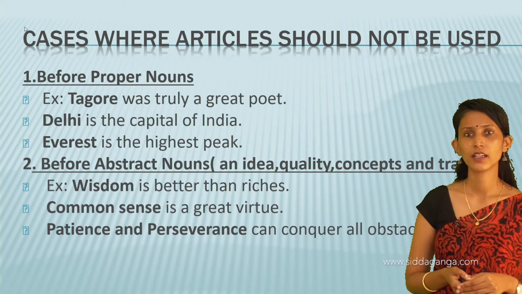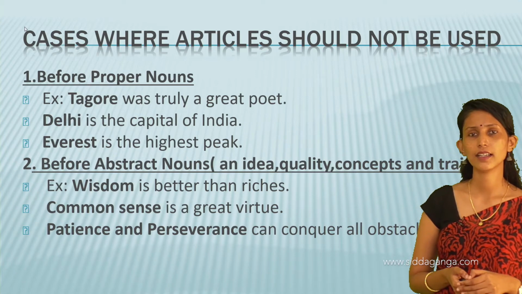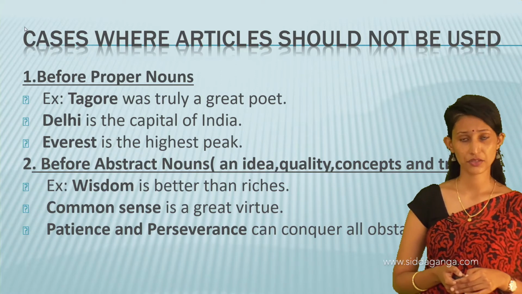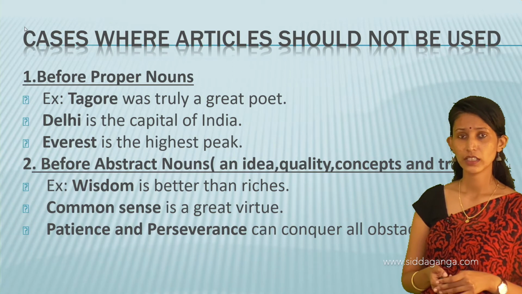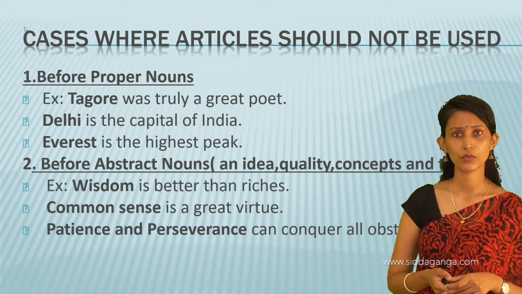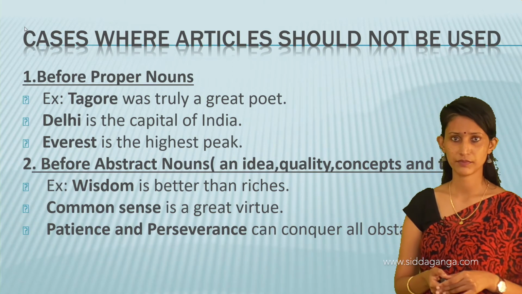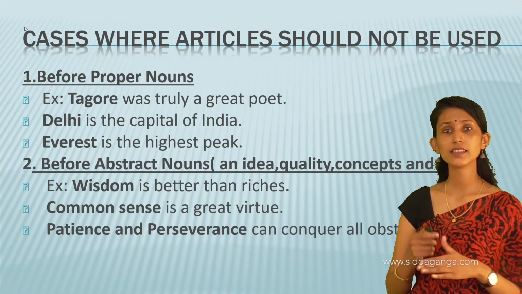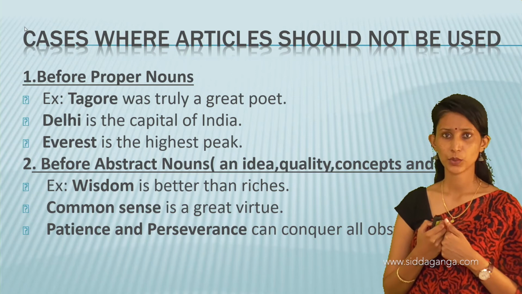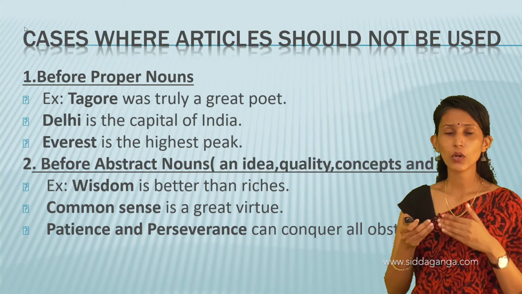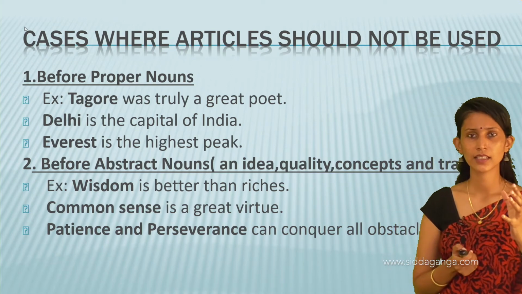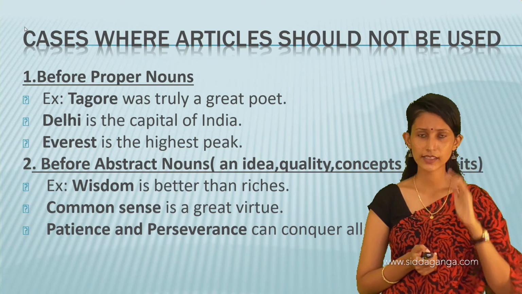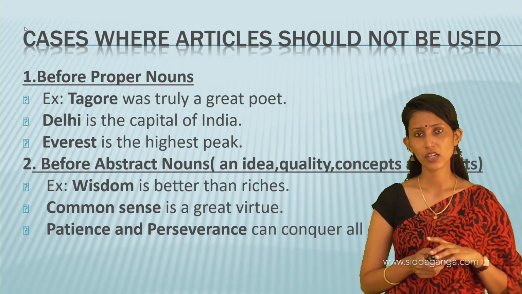Now if you say the person is an extrovert person, we don't use the extrovert. No. He is the extrovert person. No. He is an extrovert person. He is a loving man. Okay. These qualities that are there. Yes, an article is used before the consonant there.